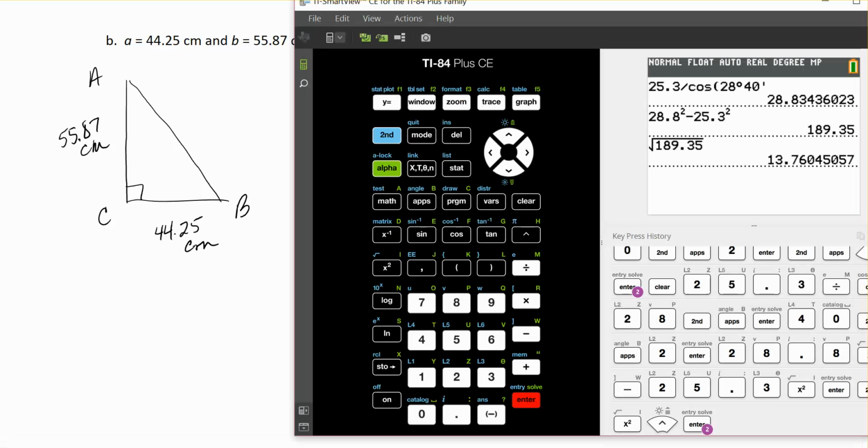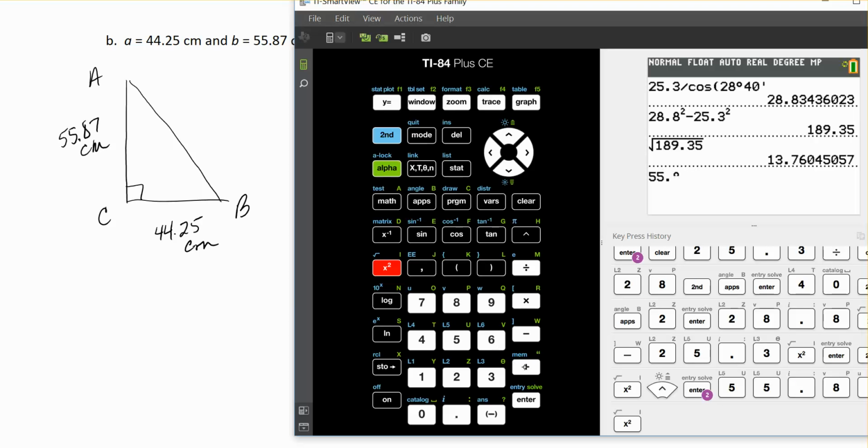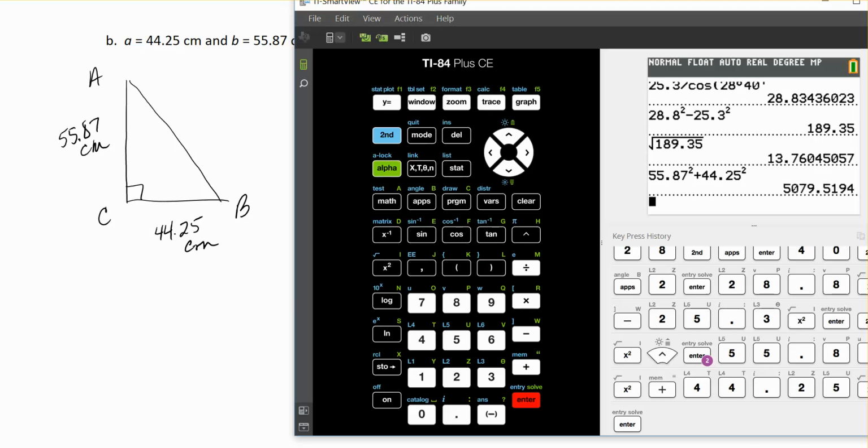So on the calculator, I have 55.87 squared plus 44.25 squared. I'll take the square root of that.